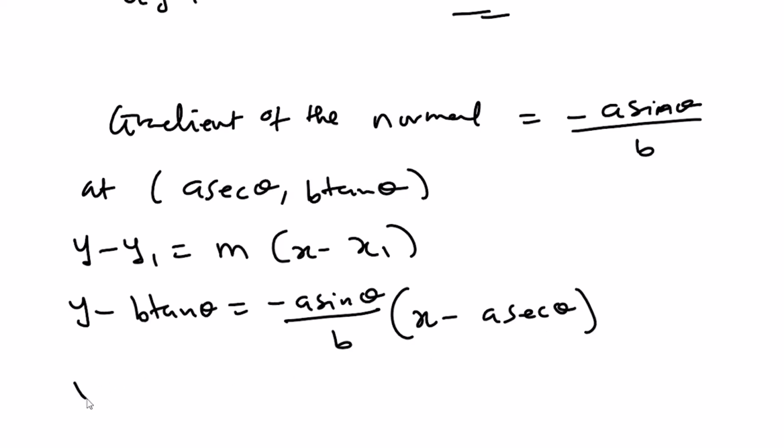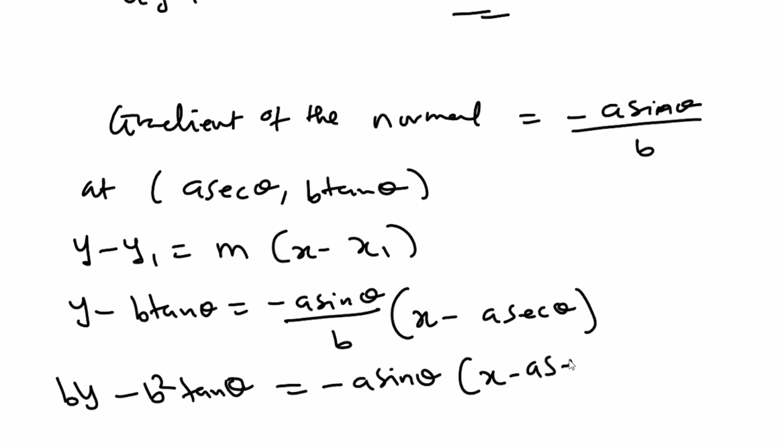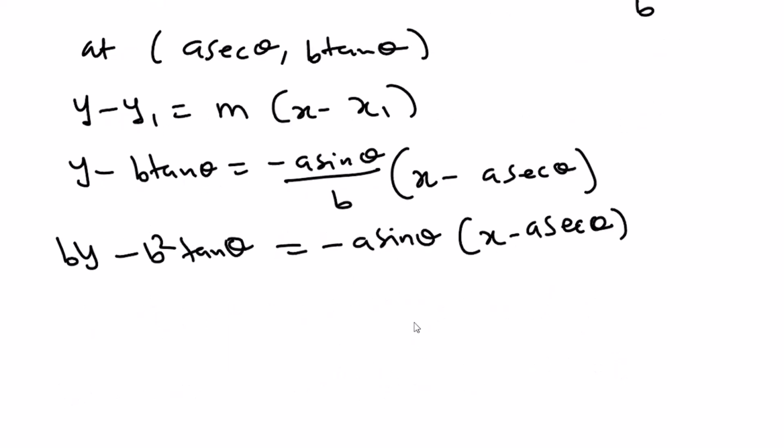Now we want to get rid of the fraction, so we're going to get by minus b squared tan theta being equal to negative a sine theta times x minus a sec theta. So this is how it's going to be.